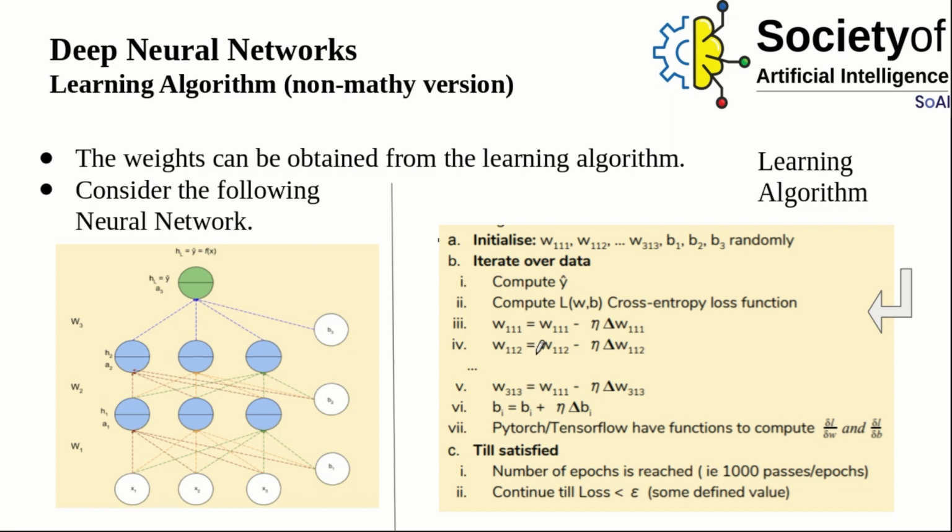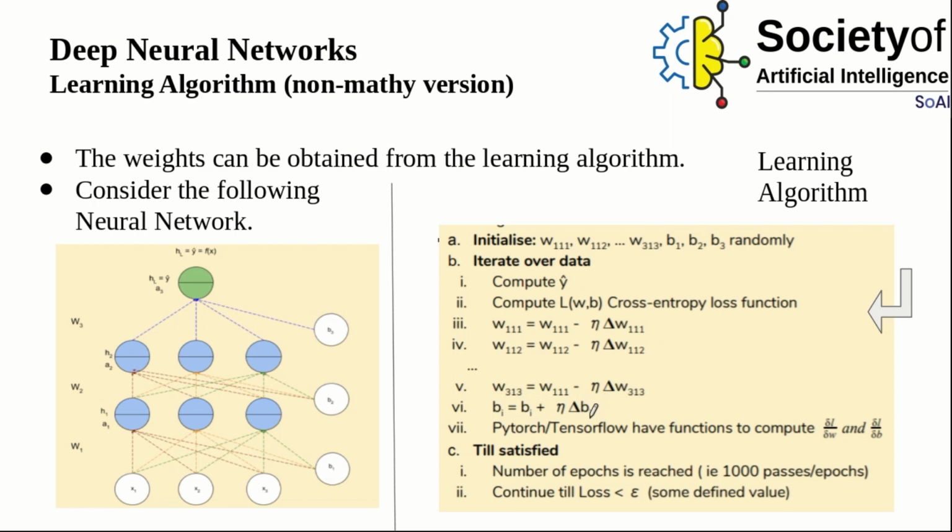Next, we will be changing the value of w111 as w111 minus eta times the gradient of w111, and we will be doing the same with all the weights. Similarly, we will be changing the value of bi as bi minus eta times the gradient of bi.